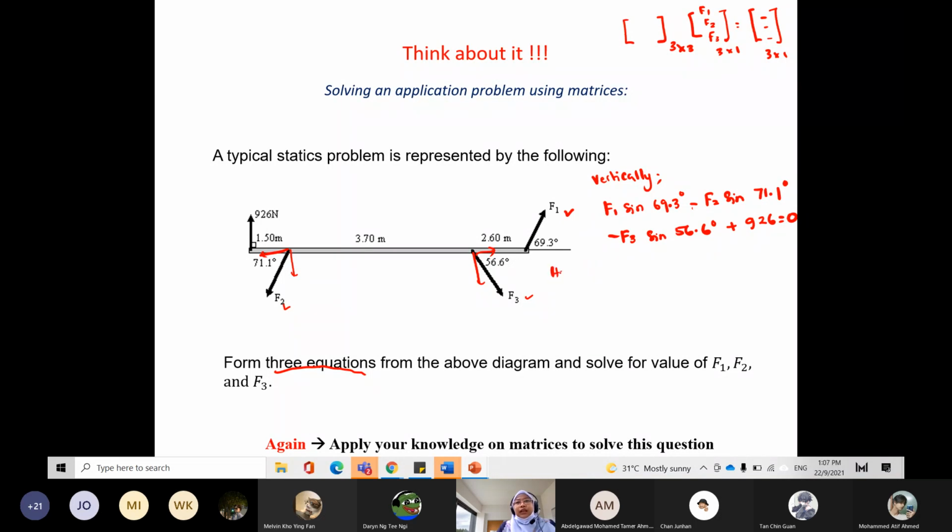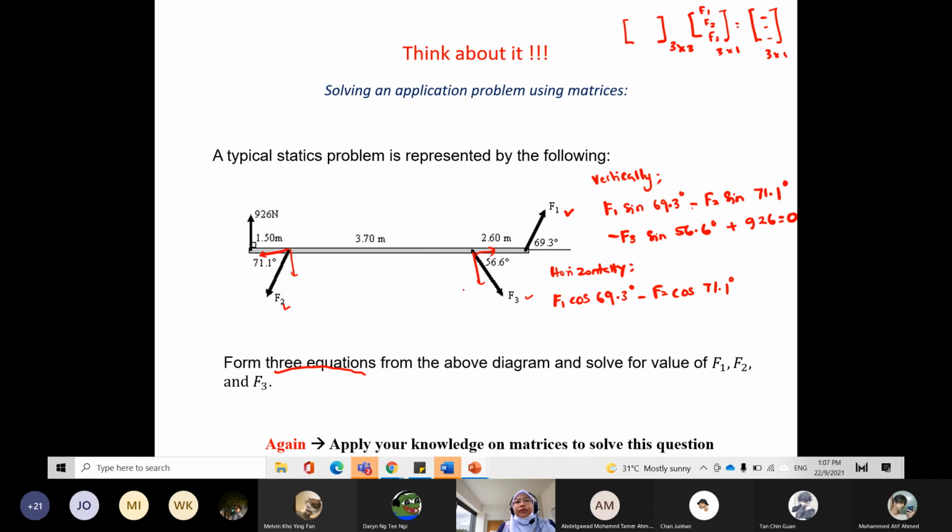Now horizontally. Let's start with F1 first. F1 cosine 96.3, and then F2 going there, F2 cosine 71.1.